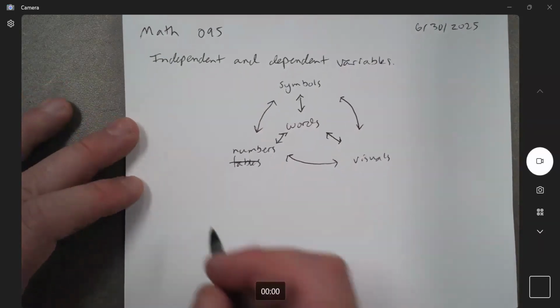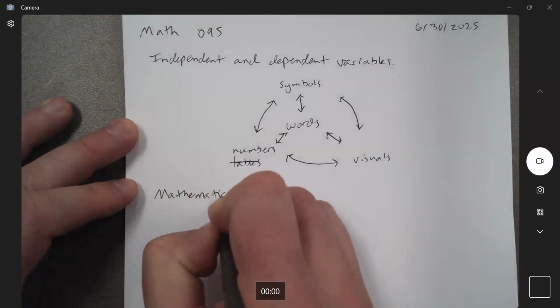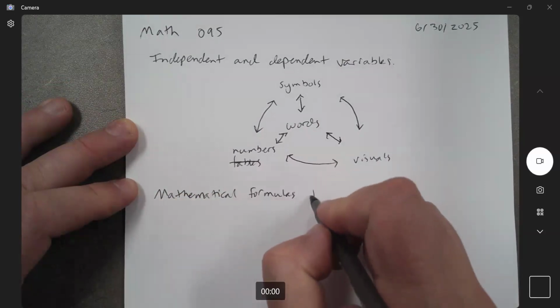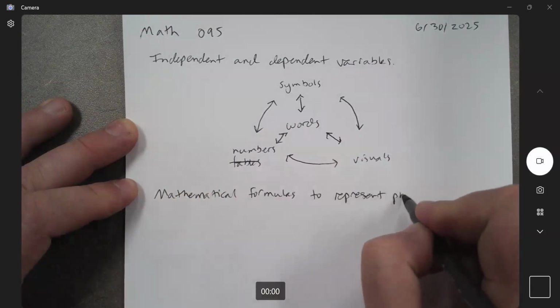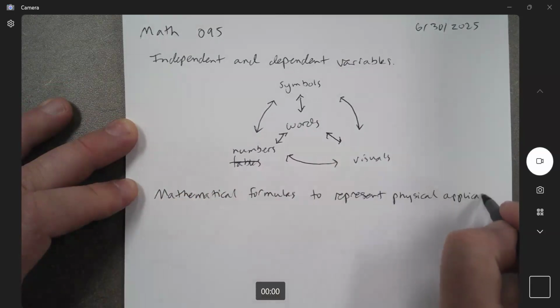And we often use mathematical formulas to represent physical applications.